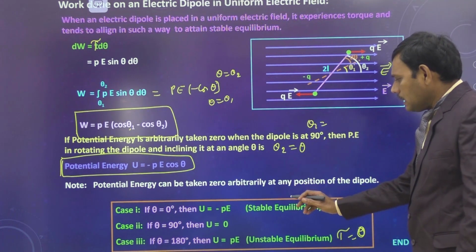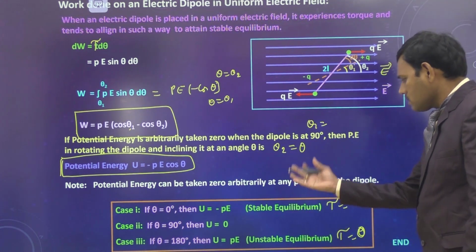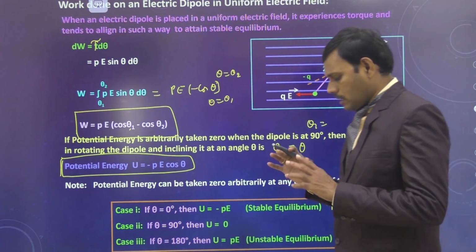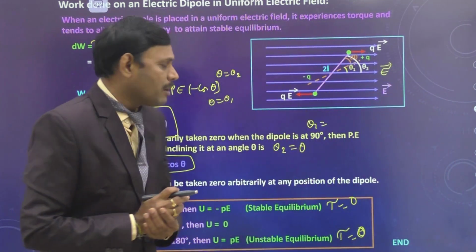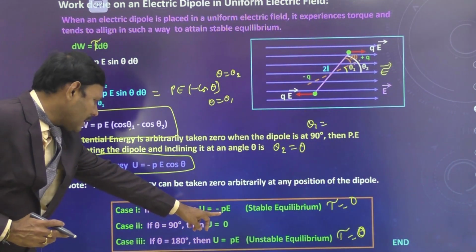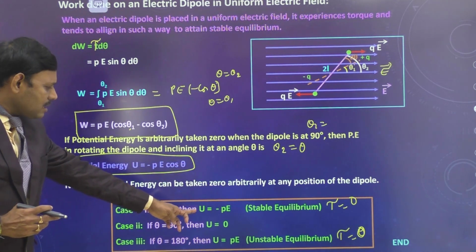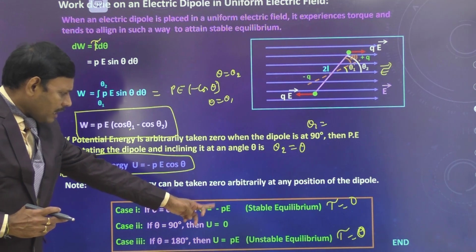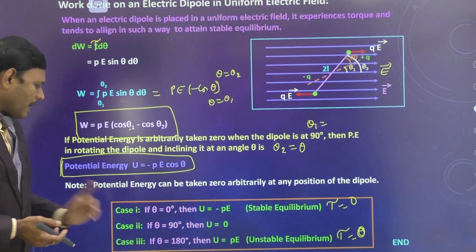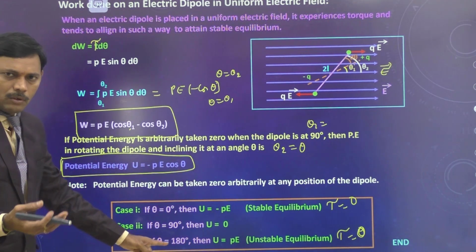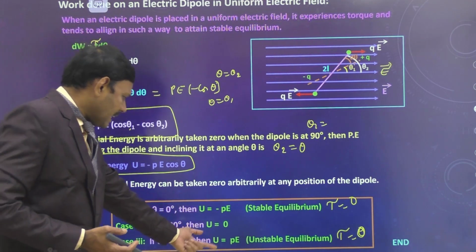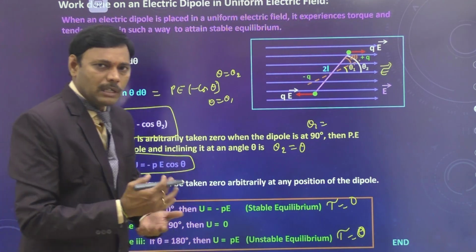Torque 0 means we can consider the condition as equilibrium, but at 0 degrees torque is 0 and potential energy is the least value, hence it is stable equilibrium. At theta 180, torque is 0 as well as potential energy has the greatest value, so it is unstable equilibrium.